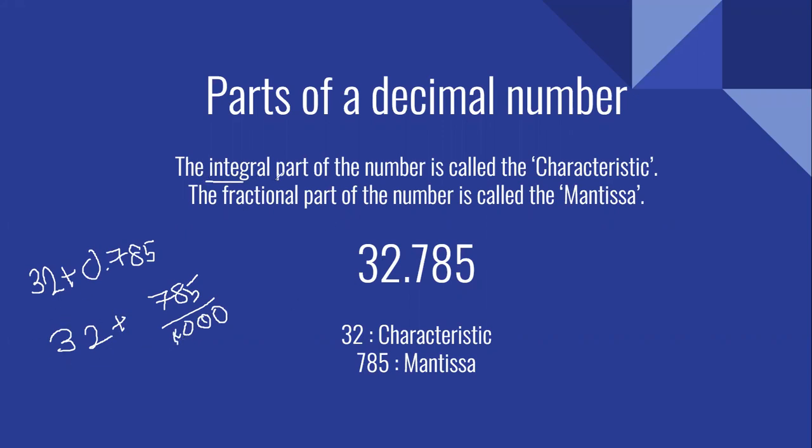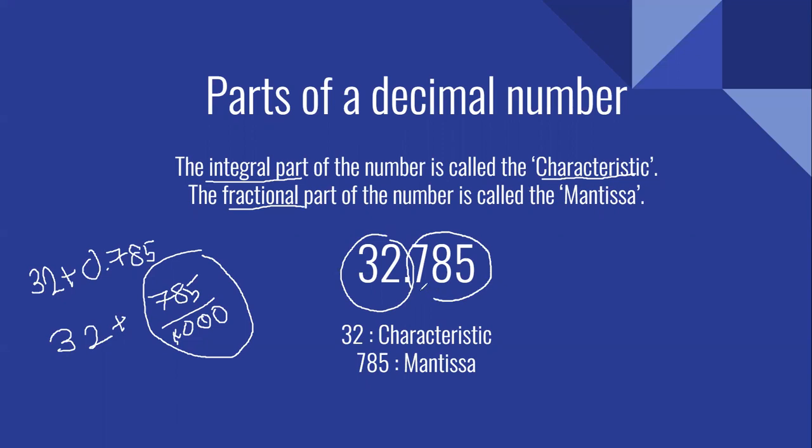Therefore, the integral part is the characteristic, and 785 by 1000 is a fraction. Therefore, the fractional part is the mantissa. And this is how the parts of a decimal number are differentiated. The digits before the decimal point is the characteristic, and the digits after the decimal point are the mantissa.